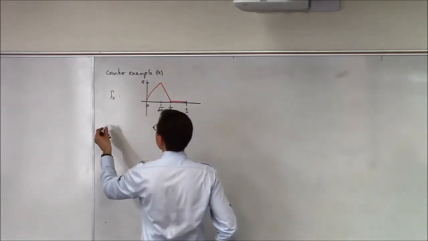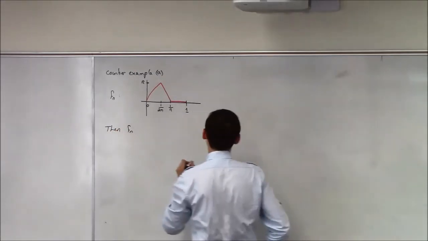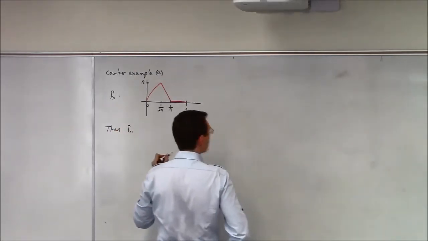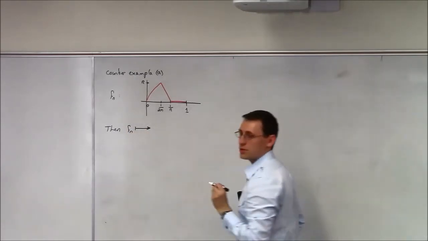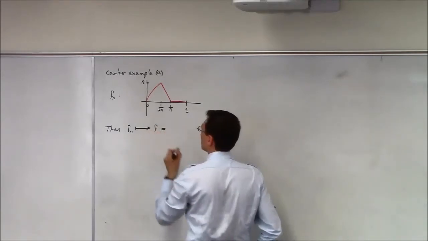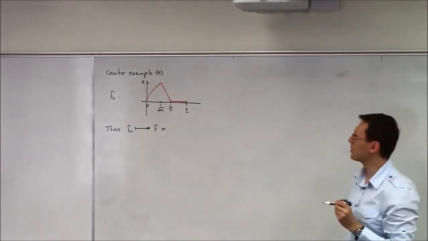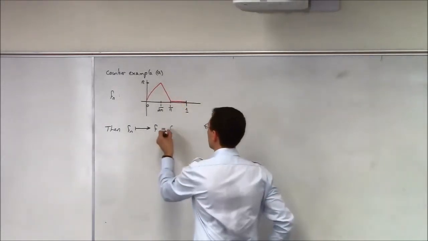So then Fn goes to the function f, which is equal to what? Pointwise, what does it go to? 0, right? So what you see is the picture 0.